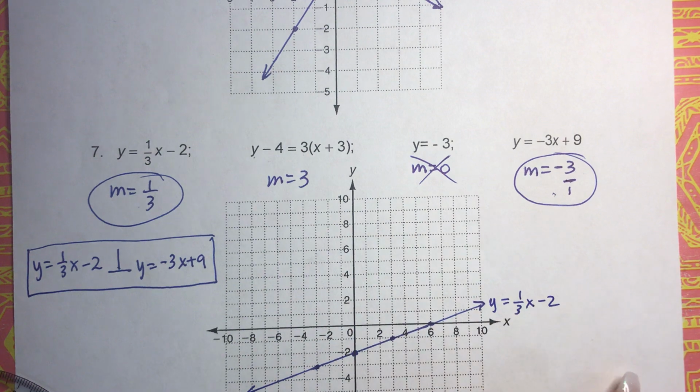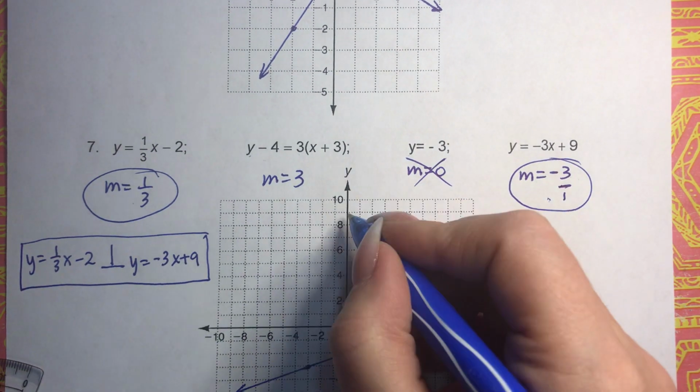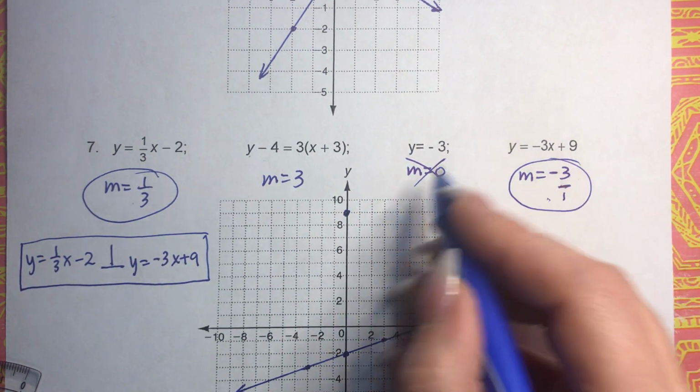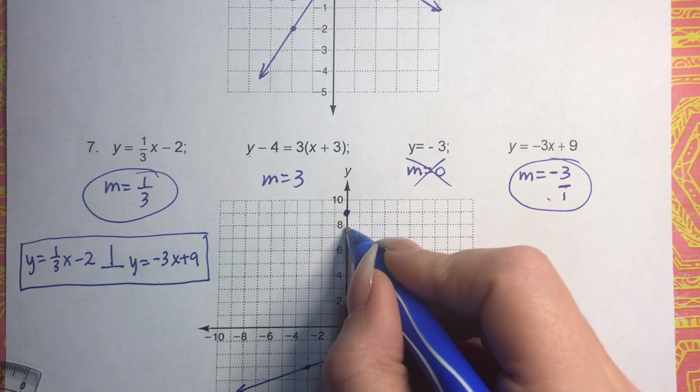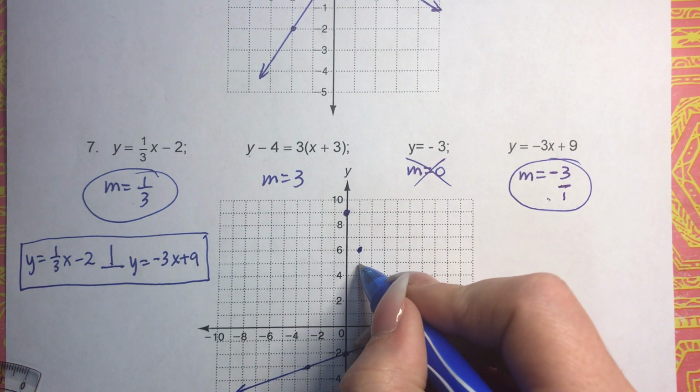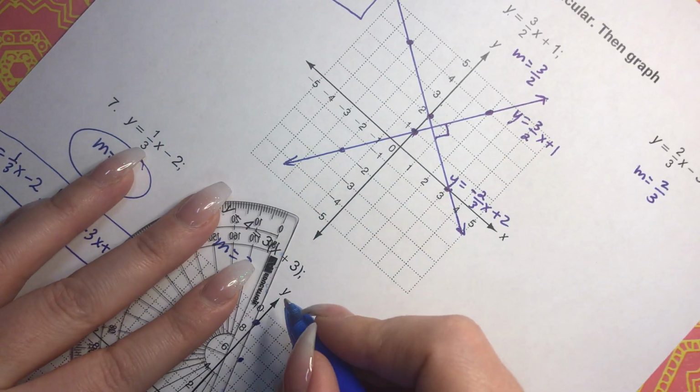And then we need to graph this one, which is positive 9, right? That's the y-intercept. And then down 3, 1, 2, 3 over 1. Okay, go ahead and graph this one.